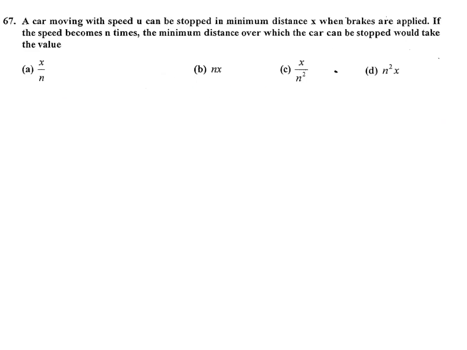A car moving with speed u can be stopped in minimum distance x when brakes are applied. If the speed becomes n times, the minimum distance over which the car can be stopped would take the value how much?